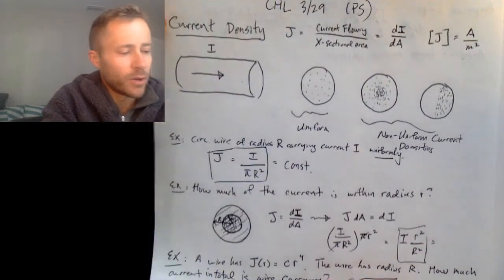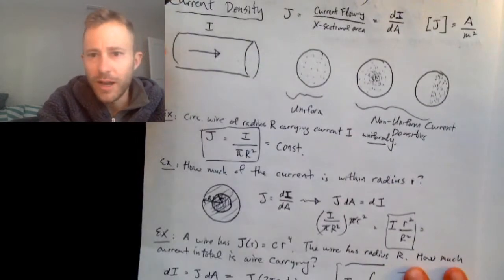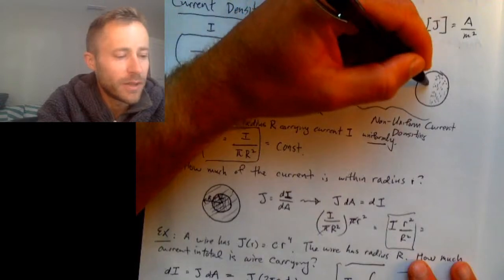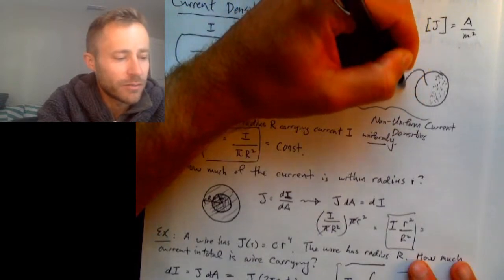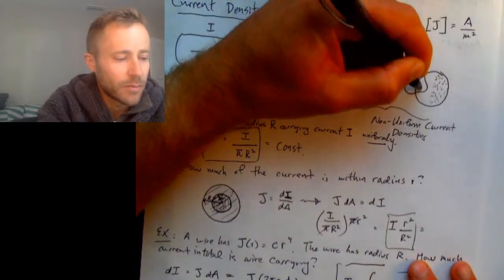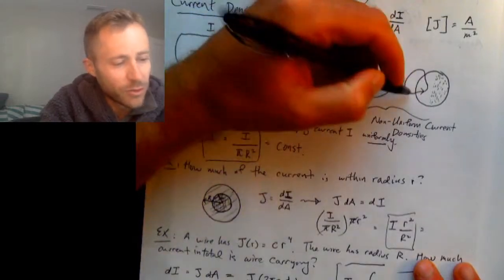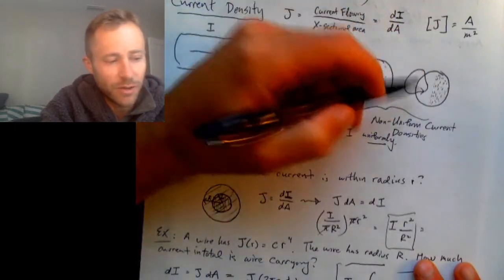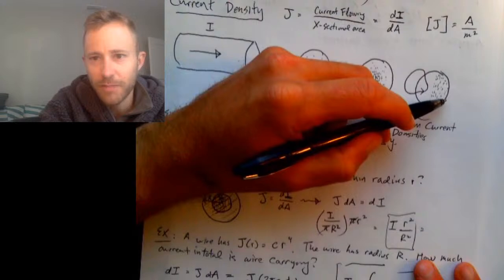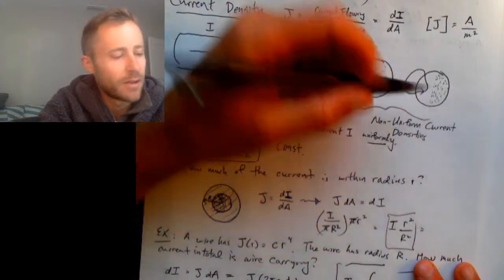For example, what if we had an Amperian loop that was like this. That Amperian loop is enclosing no current because see how all the current density is on the other side. All right.